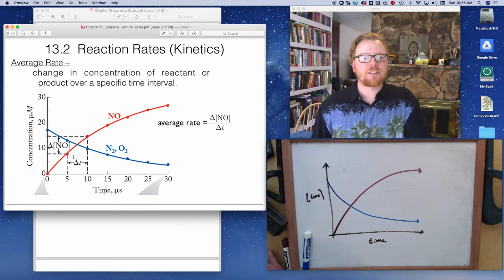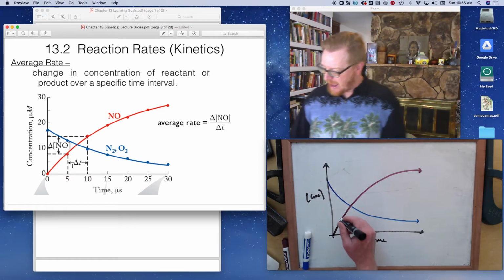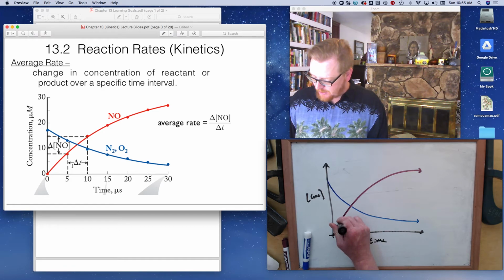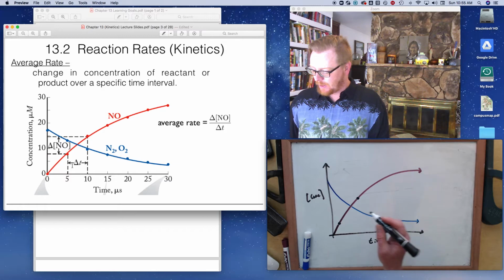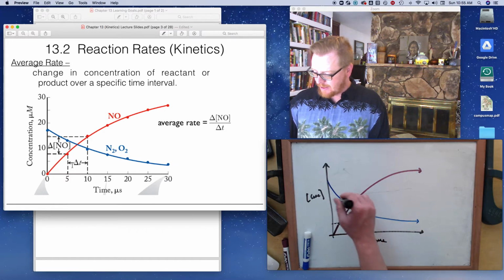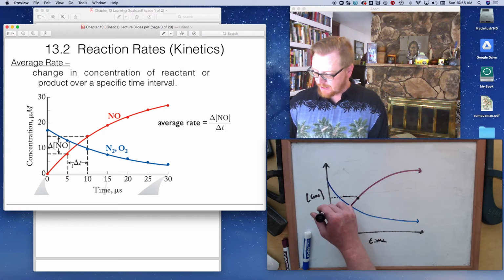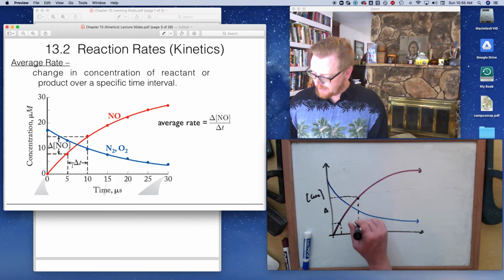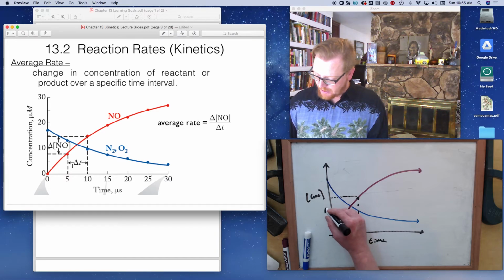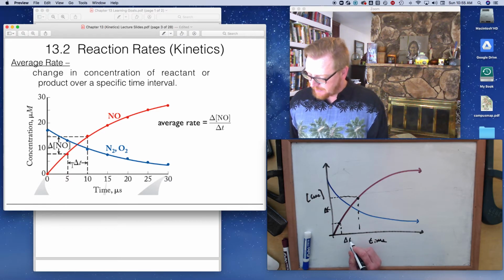So exactly what this picture is showing you, if I have a data point here and then here for my product, okay, then I know that this was my change in concentration, so that's change in C, let's say for concentration, and this is my change in time.